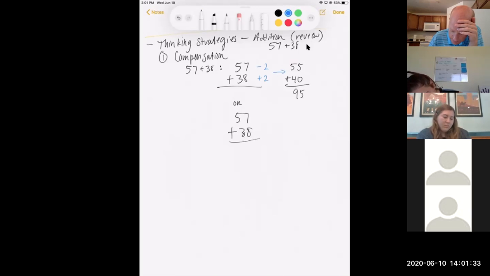Making the top 60 means I have to add 3 to this top number. And if I want to compensate, I have to subtract 3 from the bottom number to maintain the sum. And so when we do that, we get 60 plus 35, which makes 95. So notice that both of them end up with 95 with either strategy.